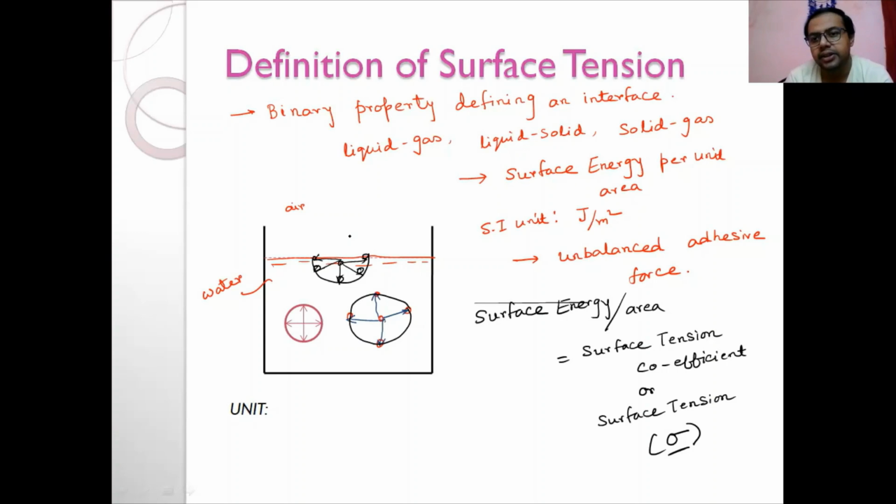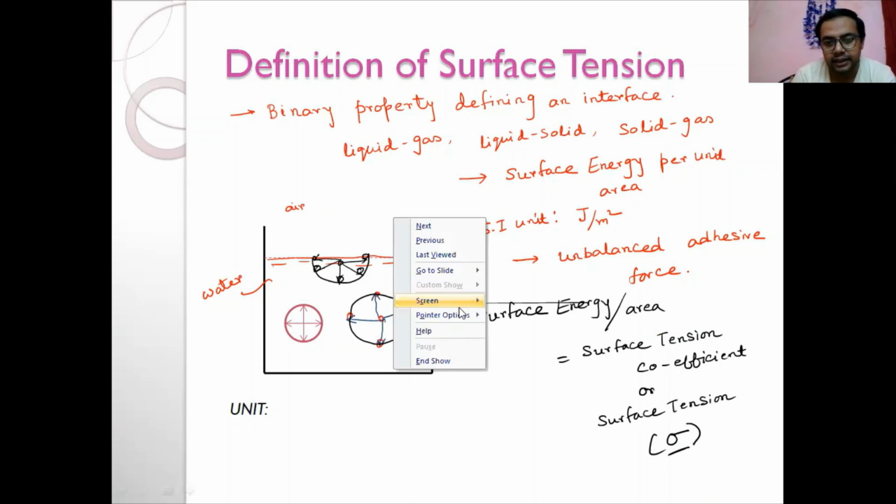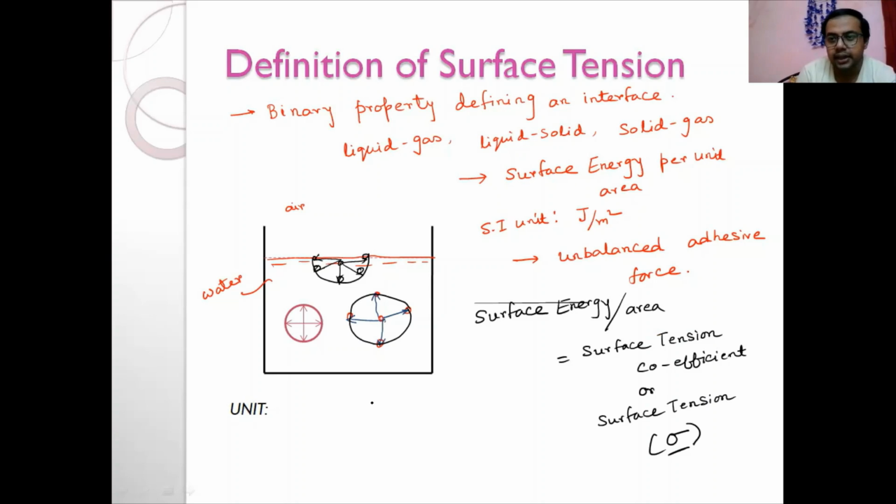There is another definition of the surface tension. Over the surface, if you draw a line, you will see the force will be like in this way. And these forces are all tensile in nature.